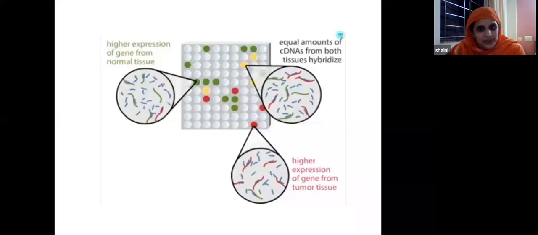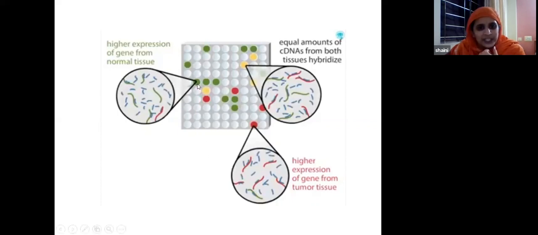Now, if it is red, it shows that that particular gene is expressed more in the tumor tissue as compared to normal tissue.